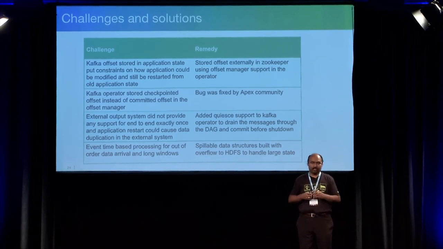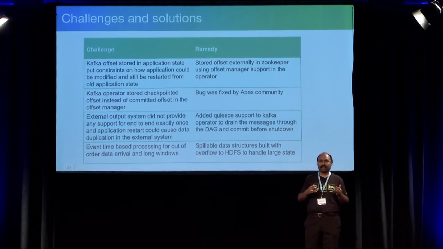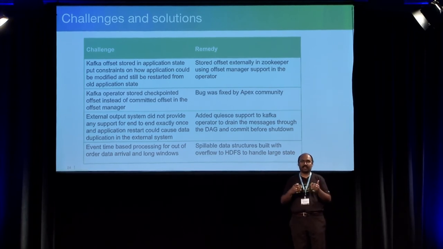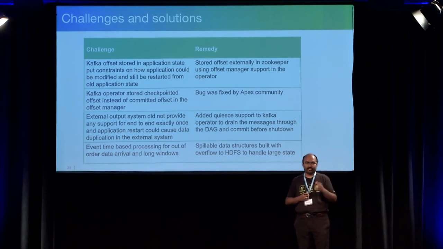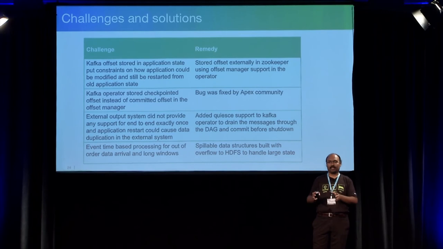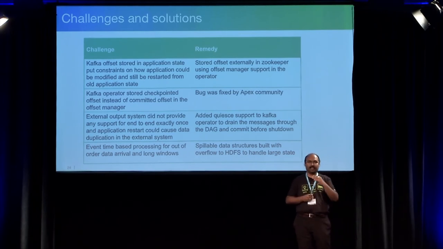What Apex provides today is a way to restart your application, but your version and your code, your jars, have to be the same. To do this, we saved state externally in a form that's independent of how the operator looks. For example, in the Kafka operator case, we took the offsets and stored them in Zookeeper so that even if you totally upgrade your application and restart, we can pull those offsets.